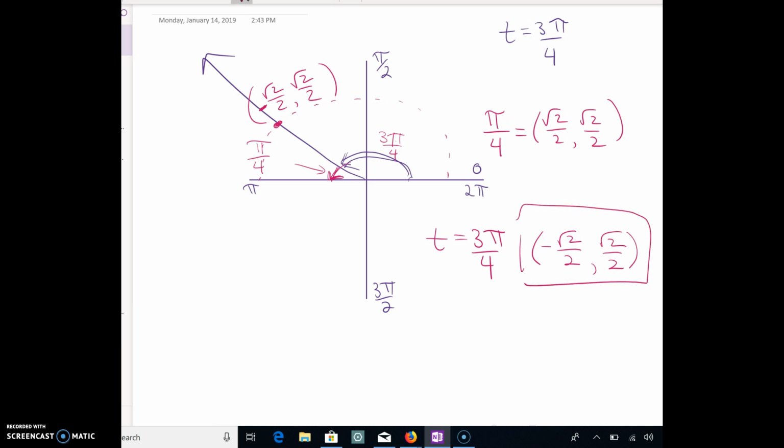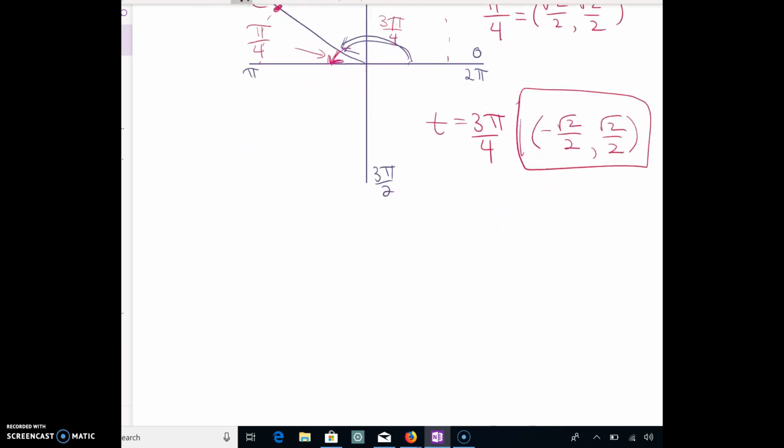And this is the information that we need to know in order for us to find all of the 6 trig values. So let's find the 6 trig values that go hand in hand with this. Okay, so the sine of 3 pi over 4 is the y value of this ordered pair, which is square root of 2 over 2.